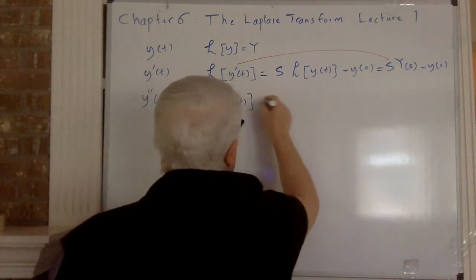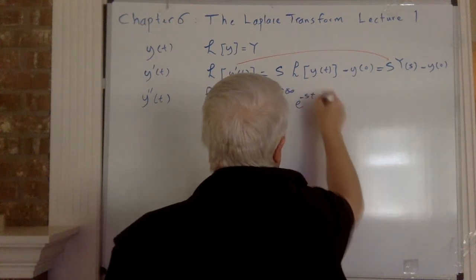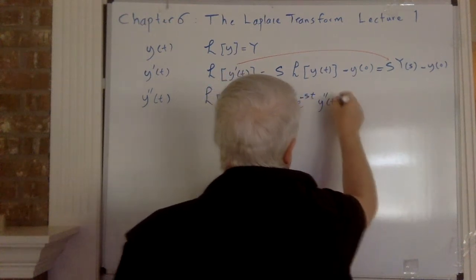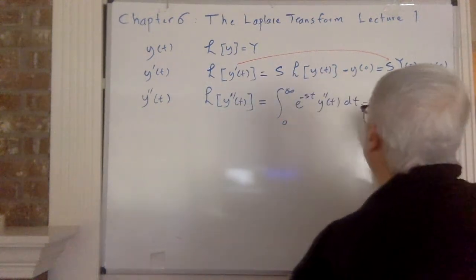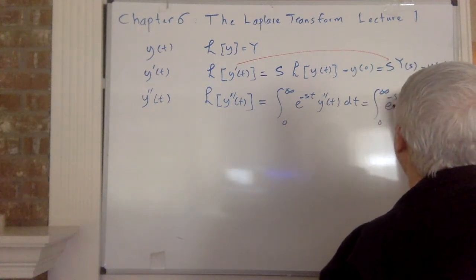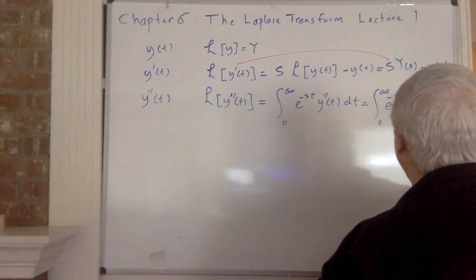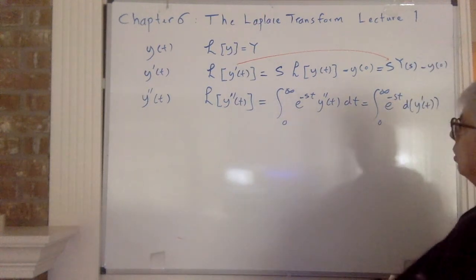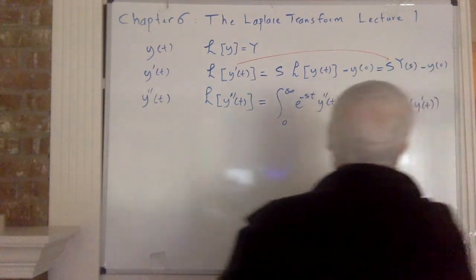So this is in fact the integral 0 to infinity e to the power minus st y double prime t dt. Again, the same thing. This is y double prime, so I have the integral 0 to infinity e to the power minus st d of y prime t, y double prime, one prime just goes away.